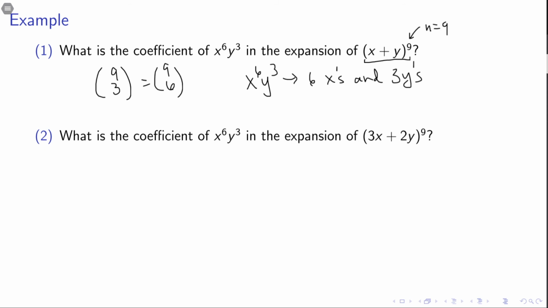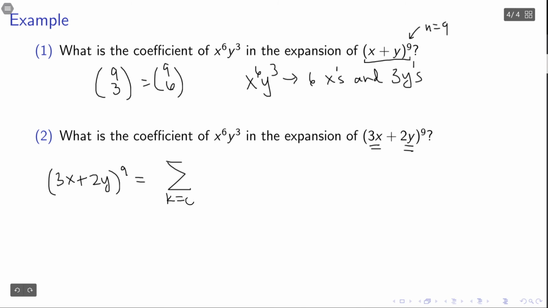Now for the second example, here's one example where we replace x and y by something else. Now we have 3x plus 2y inside the sum. So the binomial theorem says this expansion is equal to summation k equals 0 to n, n choose k. Right, so a while ago it was x raised to n minus k, y raised to k inside the summation.